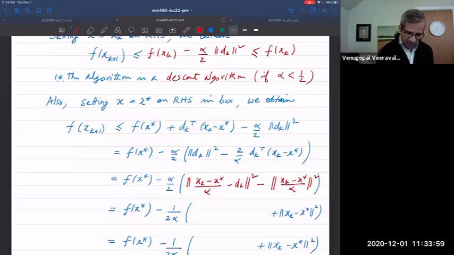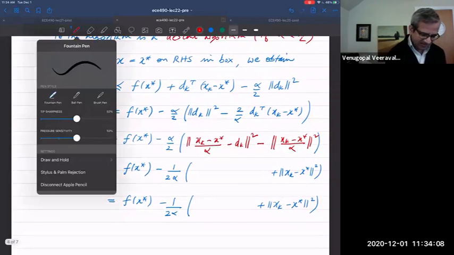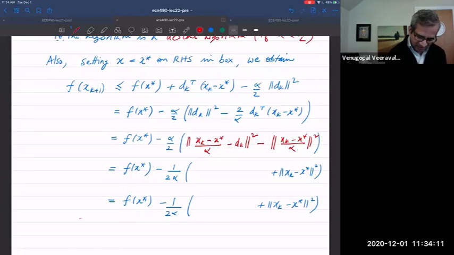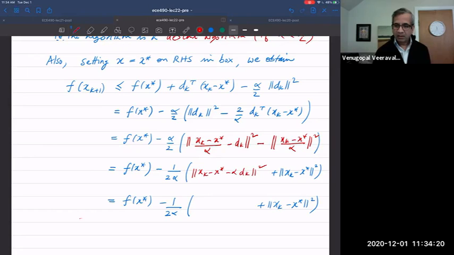All right. So now I'll take the alpha squared out from both of these guys, and I'll get the first term will be xk minus x star minus alpha dk squared, and then that should be, sorry, I don't know why I put a plus there.